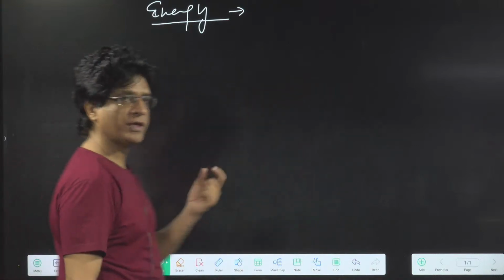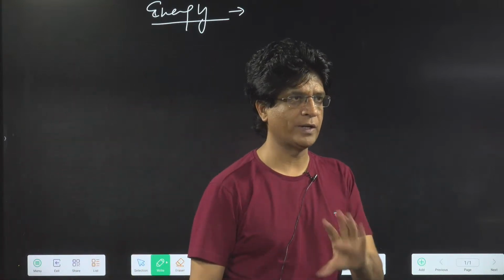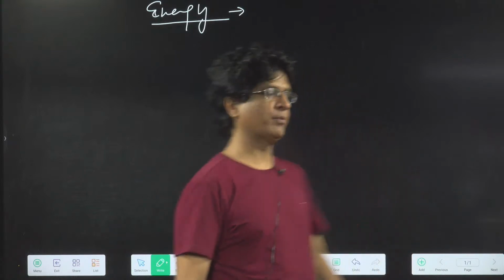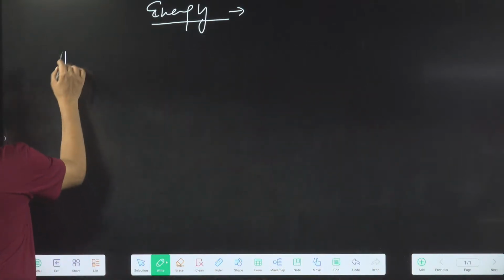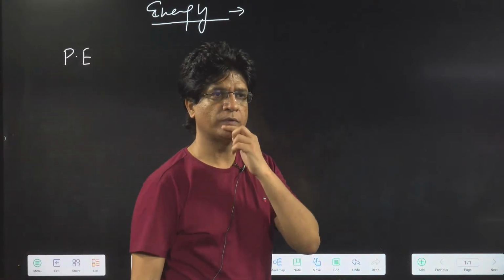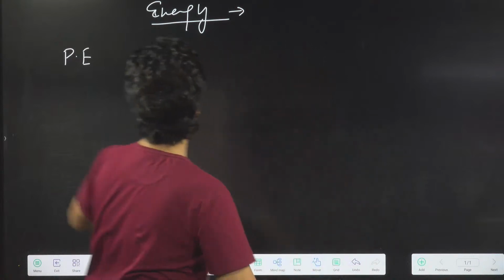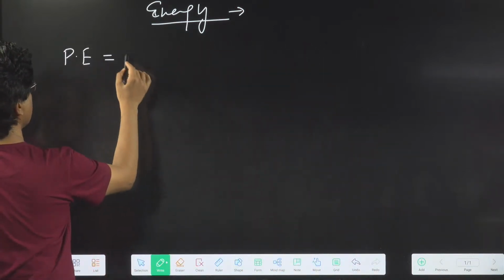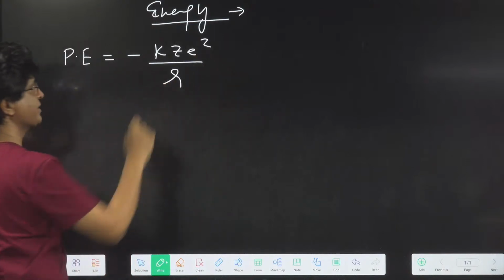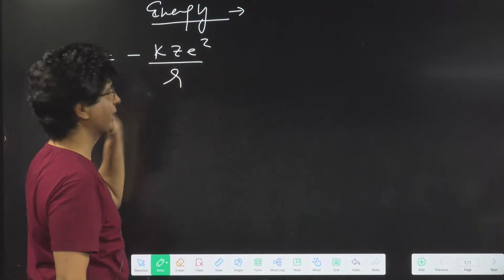I'm going to give you certain formulas. The derivations are not important as of now, but their application is definitely. So we'll be working on the application part. Now, please pay attention. The potential energy, and all this is valid for one electron species. Potential energy is given as minus of K Z square upon R, where R is the radius, K is a constant, Z is the atomic number.